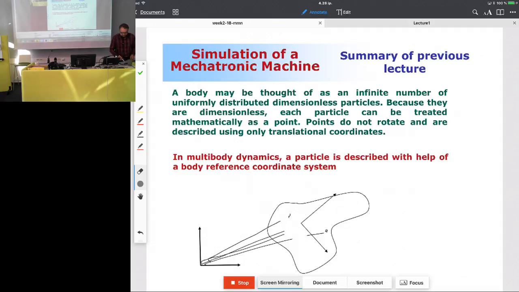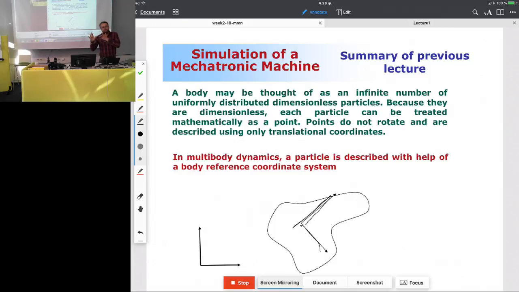And what we are using in multi-body system dynamics is the body reference coordinate system. The body reference coordinate system is attached to the body. So if the body translates, the body reference coordinate system translates along. If it rotates, so does the body reference coordinate system. So that's the concept.